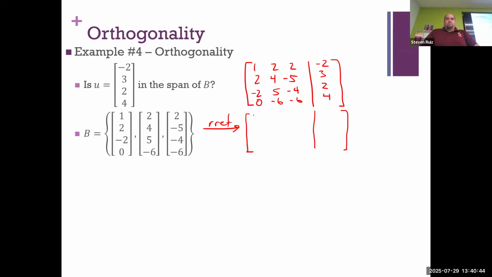Okay, so you get the identity basically. What does that mean for us?